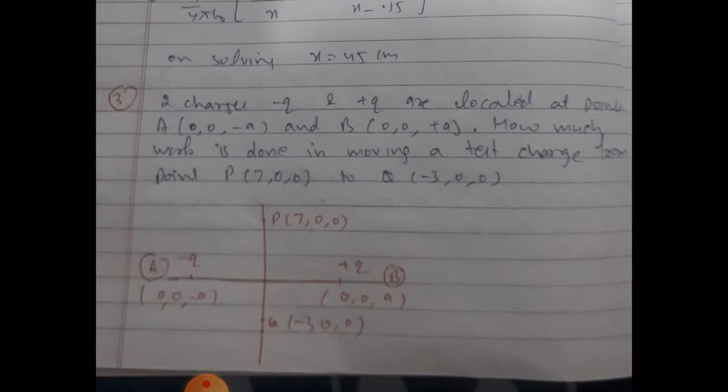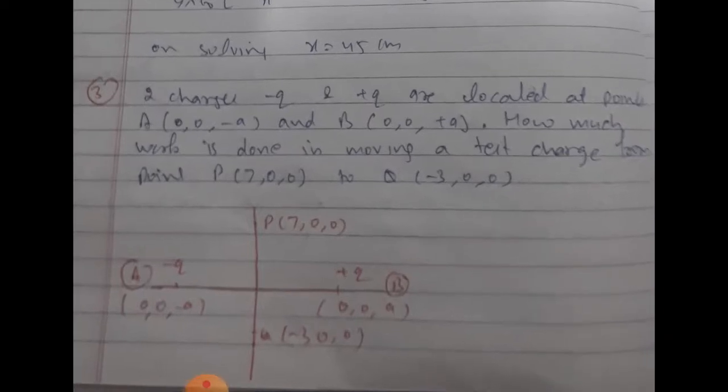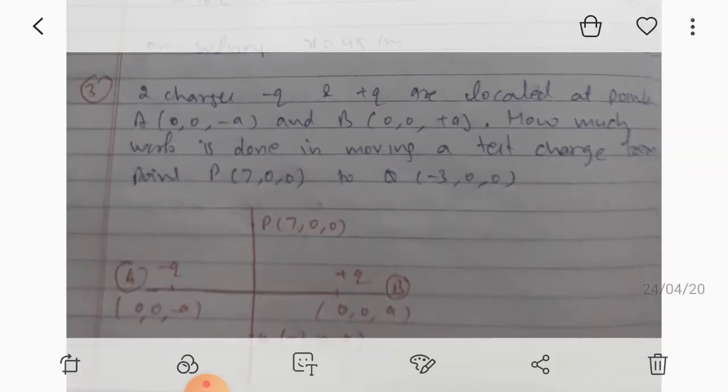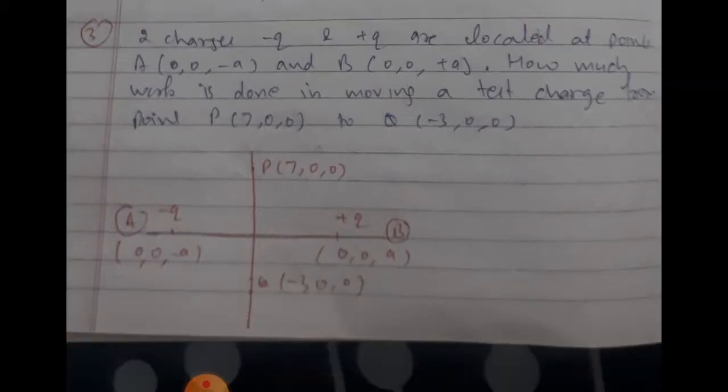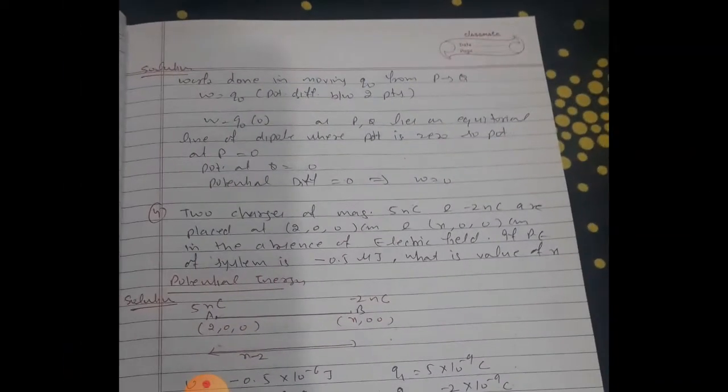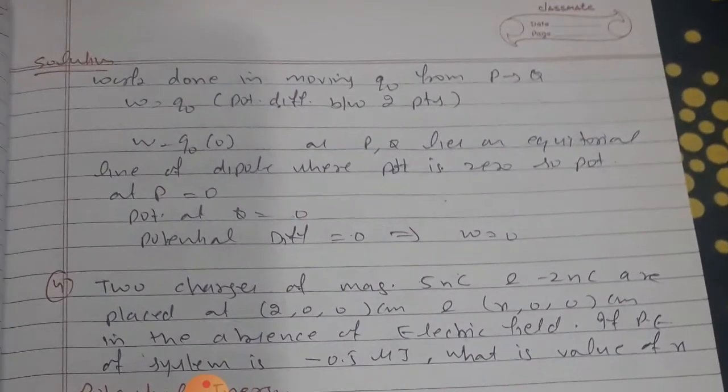So whatever is the potential at P, the same is the potential at Q. What will the potential be at both points? It will be the same, or we can say that the potential difference between these two points will be equal to 0. Potential is the same, so potential difference is equal to 0. So if we evaluate the work done, the formula for work done is equal to charge into potential difference. Since potential difference is 0, work done is equal to 0.